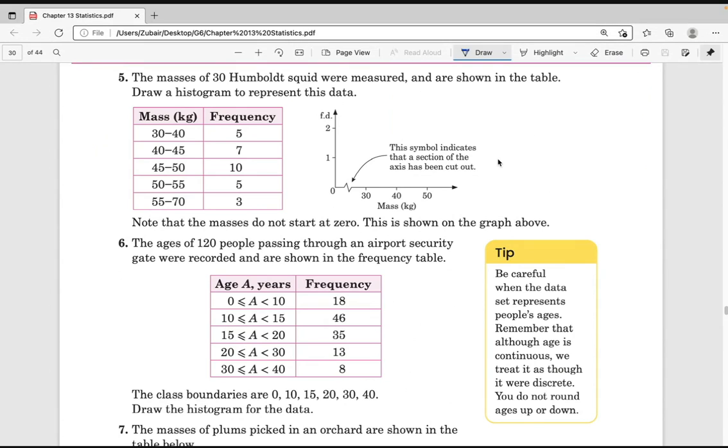Question number 5. The masses of 30 Humboldt squid were measured and are shown in the table. Draw a histogram to represent this data. So we first check if the classes are equal or not.